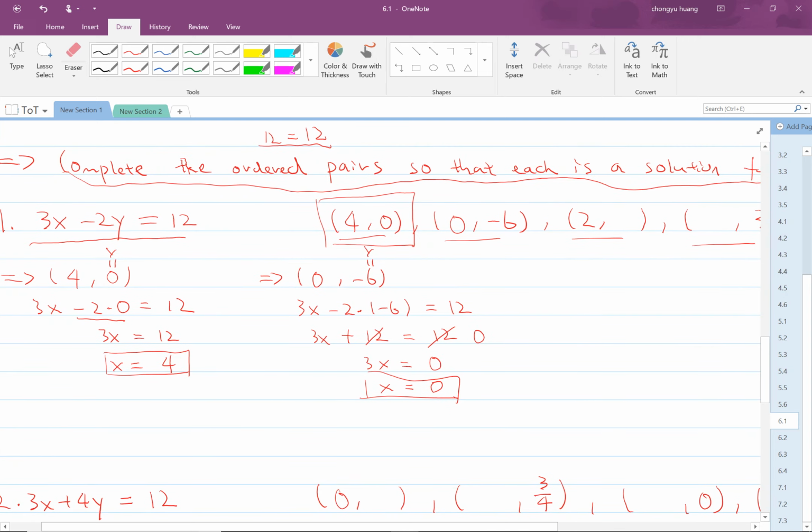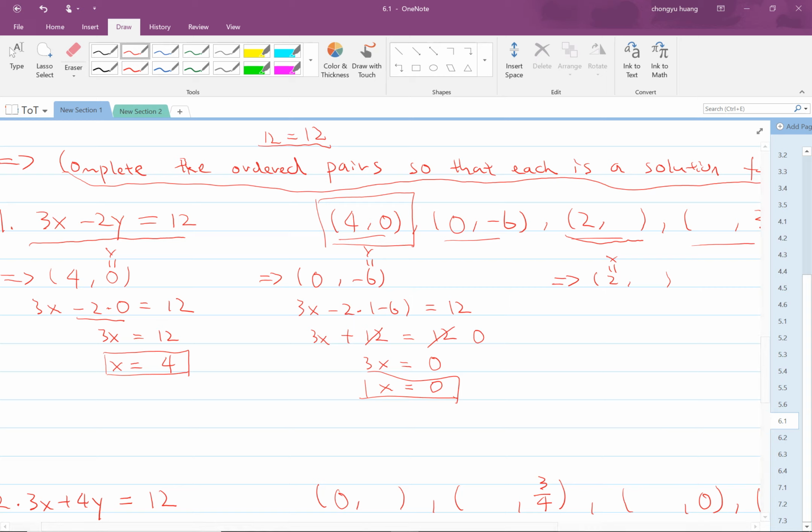Okay, so now let's focus on the third point. Let me rewrite it, sorry. On the third point, we know x is equal to 2, but we don't know what y is, right? So you plug in the x.